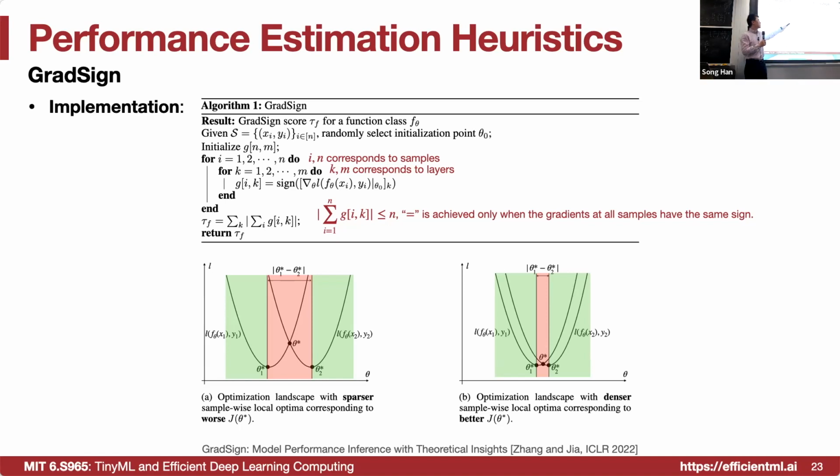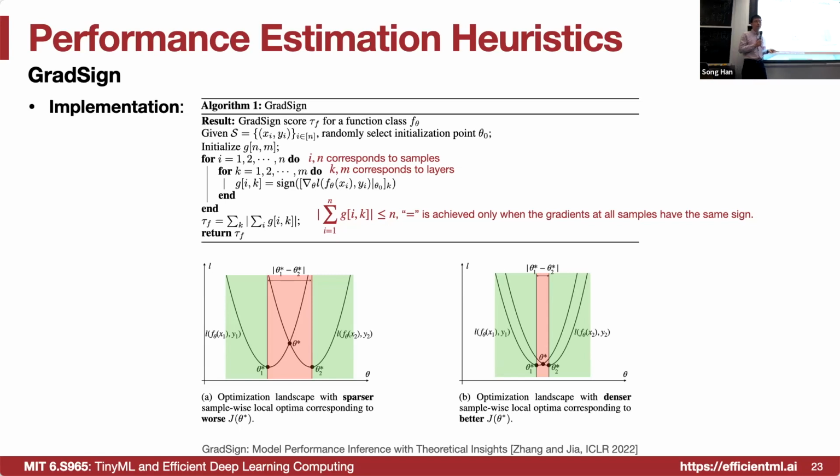So this is summing up a lot of positive one or negative one. Only if across all the samples all the signs are the same can we achieve this equal sign. So we use this simple term: just calculate the gradient without any training, just feed it with randomly selected initialization points and calculate the gradient.